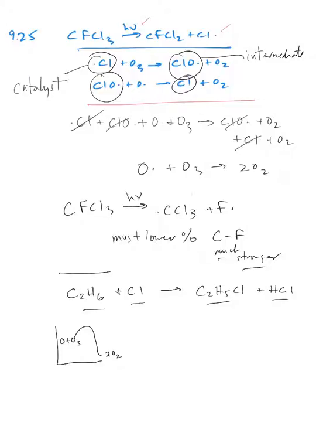On the other hand, when radicals are involved, you can get some things happening that don't have such a barrier. And so what we have here is the assumption that there's a smaller activation energy.